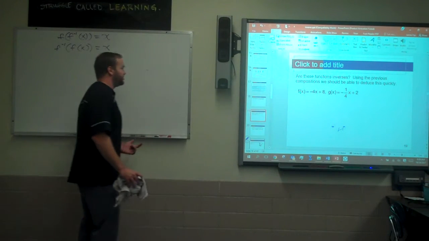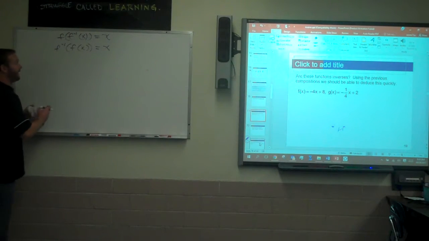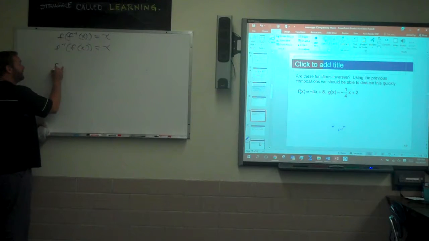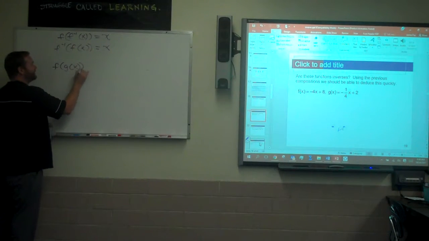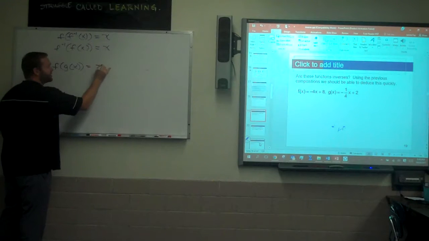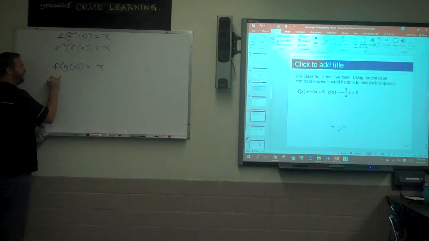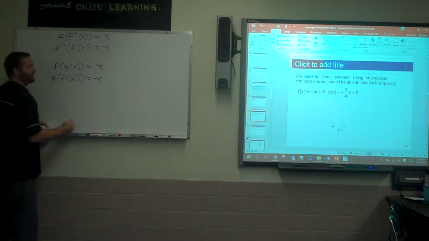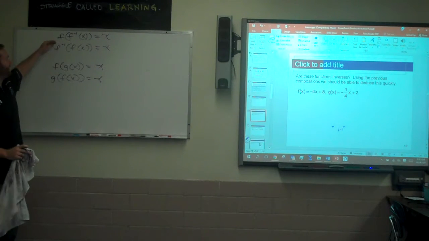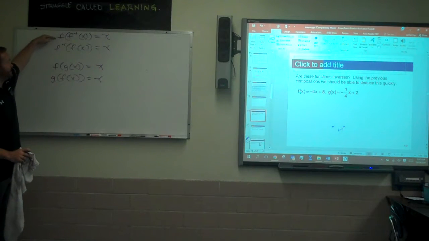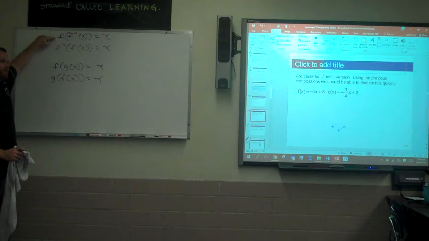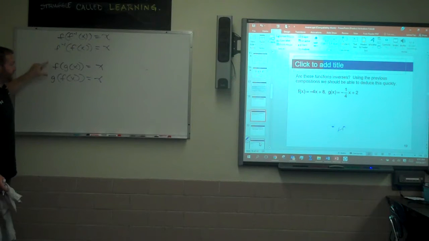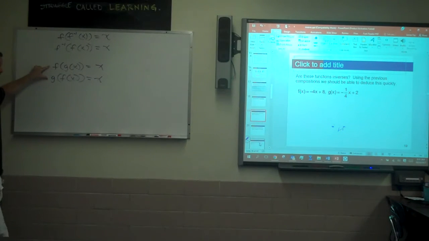If one is the inverse of the other, then f of g of x should give x back, and flip-flopped, in that order, we should still get x back. So it doesn't always have to be f and f inverse. Here, ask the question, answer it, but still show the work that proves it.